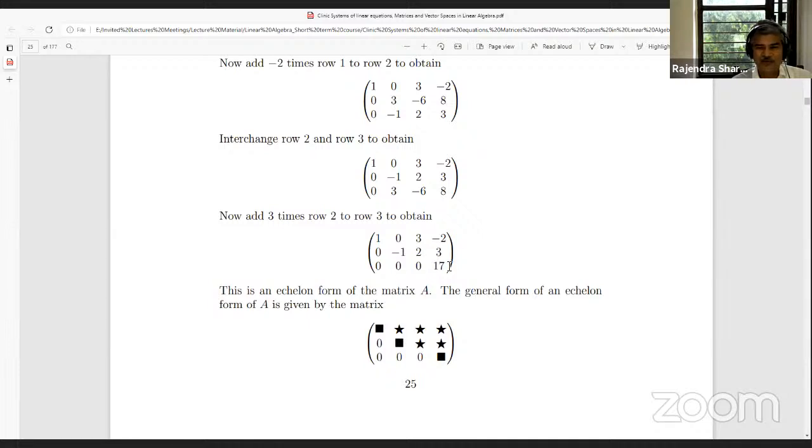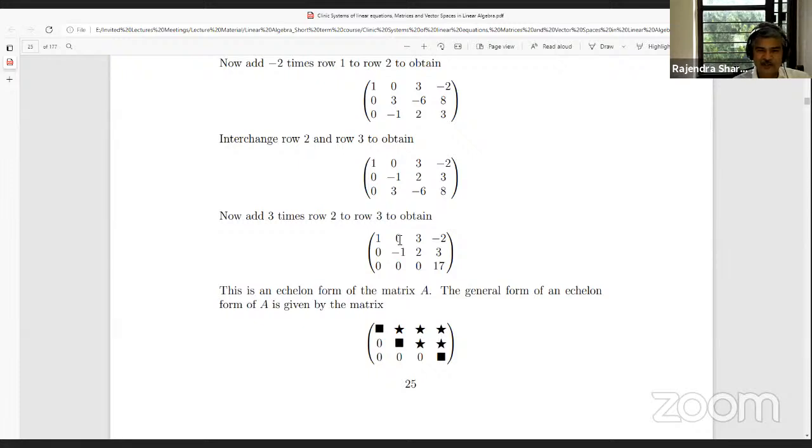And the general form of an echelon matrix here is this. You can see that the squares are the non-zero entries. So squares are placed here at 1, -1, and 17. And above this diagonal, you can see the star entries.